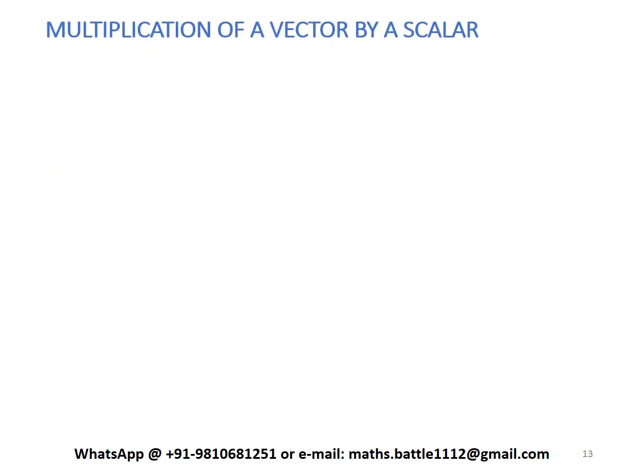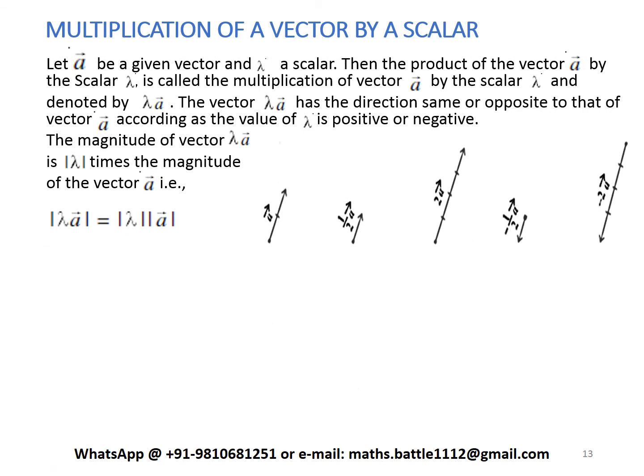Multiplication of a vector by a scalar. Let A be a given vector and lambda a scalar. Then the product of vector A by the scalar lambda is called the multiplication of vector A by a scalar lambda and is denoted by lambda A. So lambda A is also a vector collinear to vector A, as we have seen earlier.